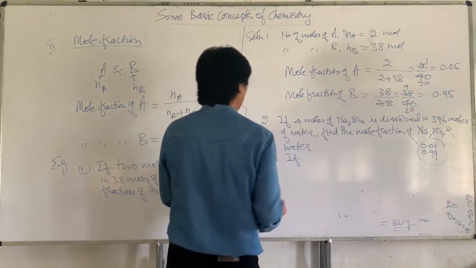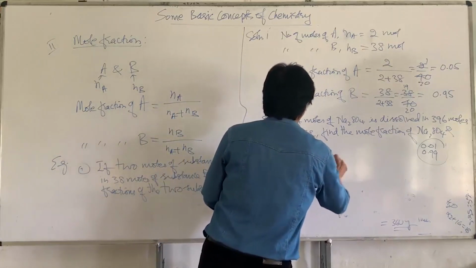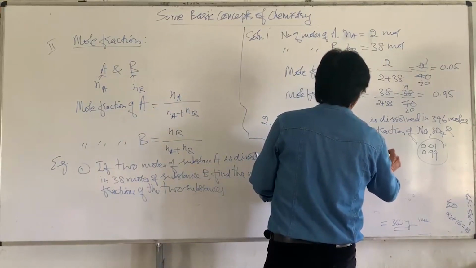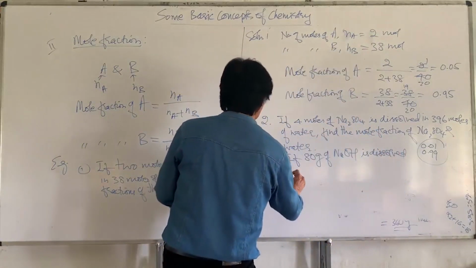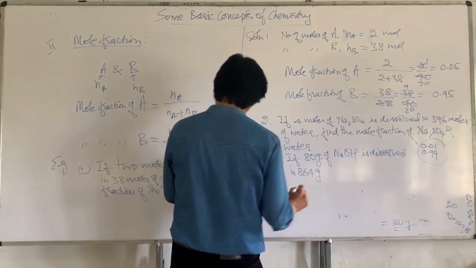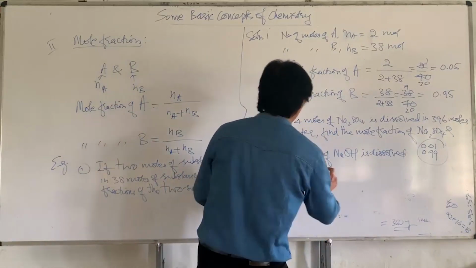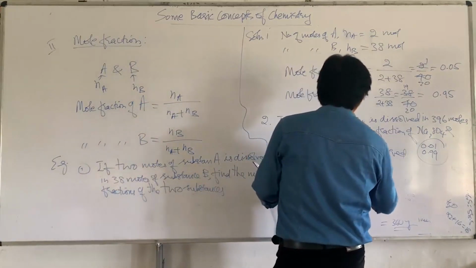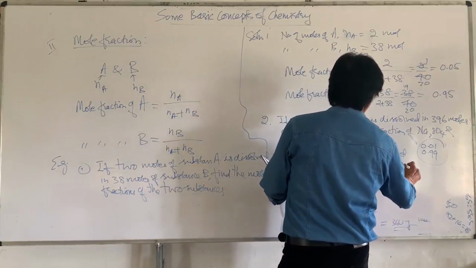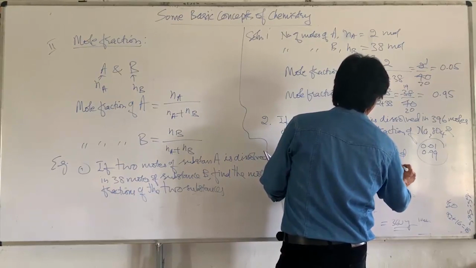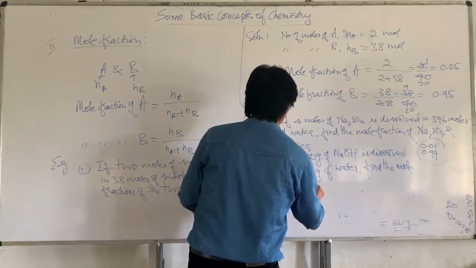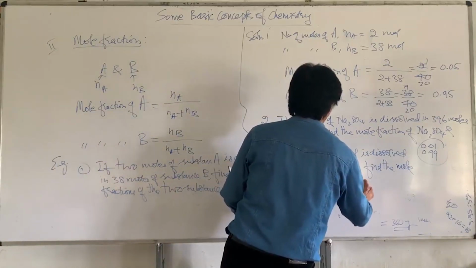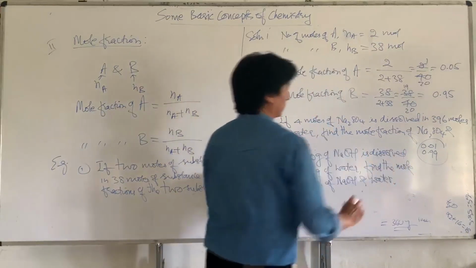Okay, this is a little twisted one. You try it yourself. If 80 grams of sodium hydroxide is dissolved in 864 grams of water, find the mole fraction of sodium hydroxide and water.